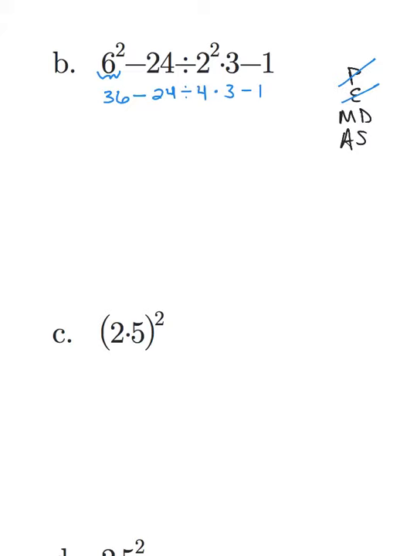So now the next question is, what should we do in terms of our multiplication and division? Now this problem is kind of tricky, because if you forget the rule and you decide to multiply before you divide, you will get a nice answer. So I consider this kind of a trick question.